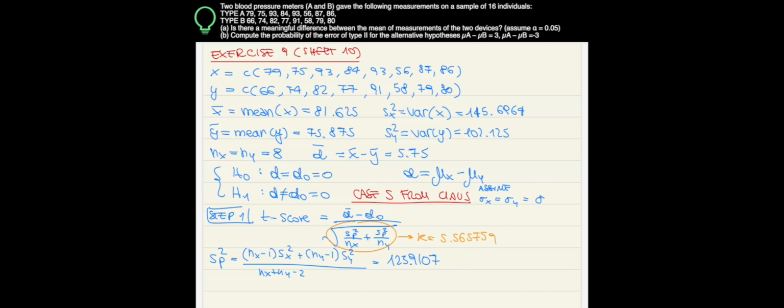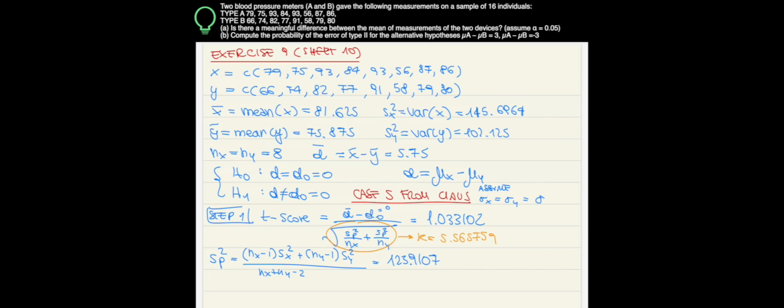So we have a t-score that we have calculated. Sorry, I forgot to complete this. So d bar, which is 5.75, divided by k, as this is equal to 0, gives us 1.033102.